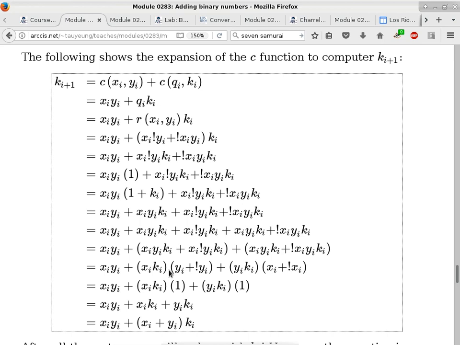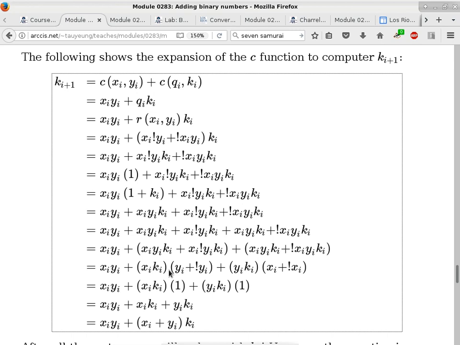Very good. So I'm factoring. Because this guy has got xi ki, this guy has got xi ki. Group them together, and then whatever is left, which is yi, not yi, put it into a separate term. And same thing to the other side, except I'm factoring xi or not xi on the other side. Is that okay?